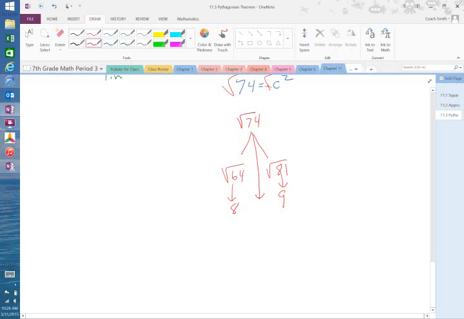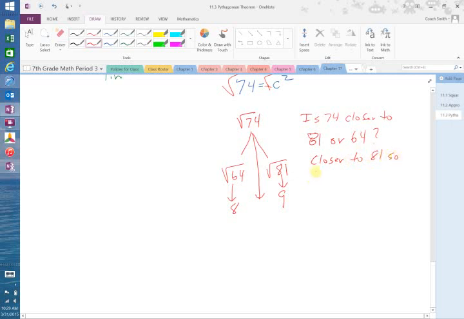So it falls somewhere between 8 and 9. So we ask ourselves, is 74 closer to 81 or 64? 81. So we know then that it is closer to 81.